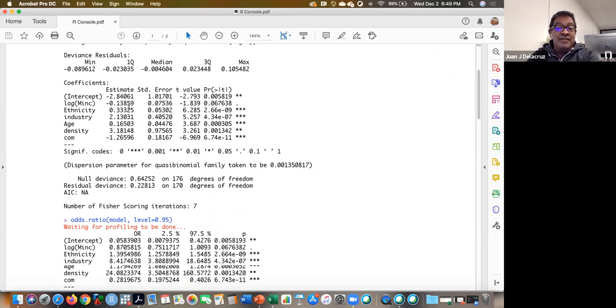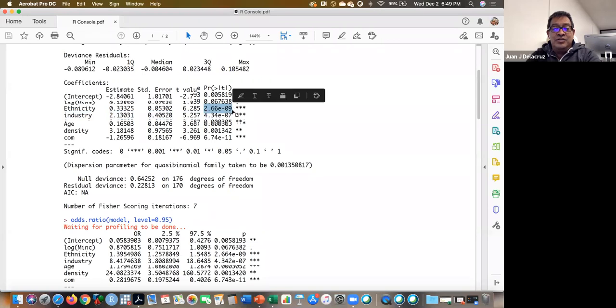Now I am looking at the value of the estimate, and I am looking at the p-value. That leads me to believe, for example, in this case, this is significant at the 10%. This is significant at 1%. That means that if I move this decimal point, remember, the E means scientific notation.